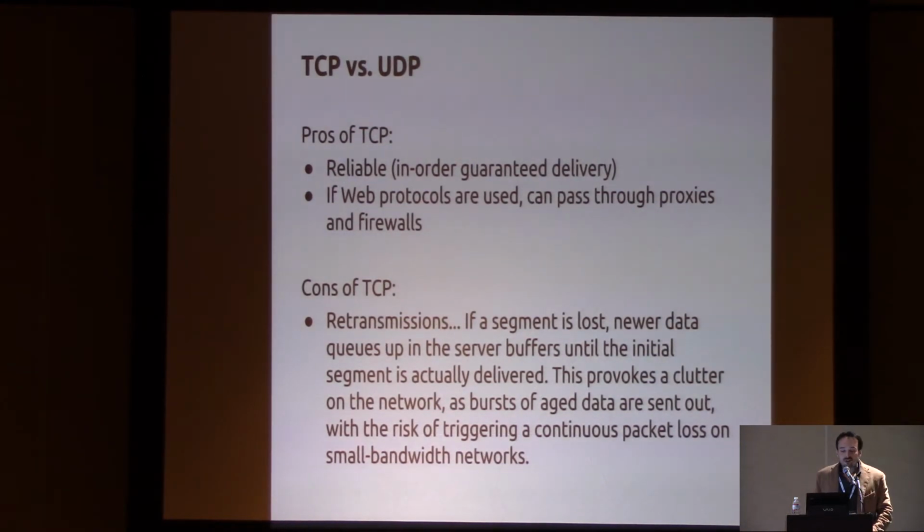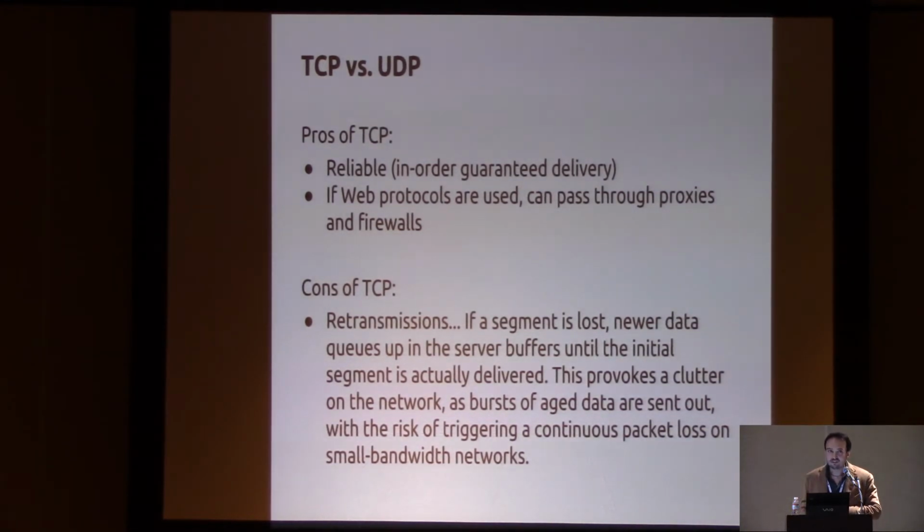But the con of TCP, again, is in its reliability. To be reliable, it needs to retransmit segments when they're lost. So when a segment is lost, you keep queuing up new data in the buffer until you are able to deliver the initial segment. This clutters the network because you keep sending bursts of data.